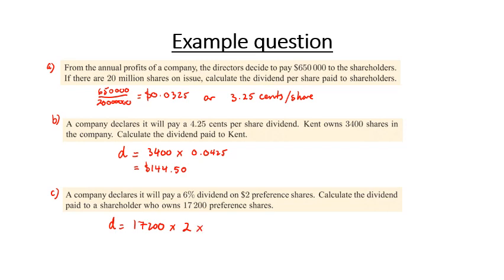But remember that needs to be converted to a decimal. So 0.06, because that's 6% converted to a decimal. Then we multiply all that out, and we're going to get an answer of $2,064.